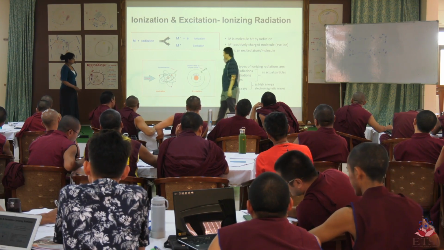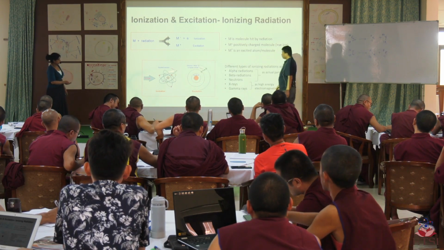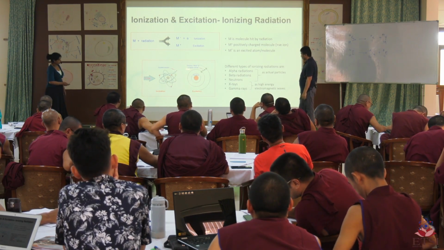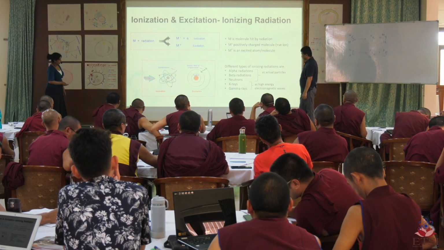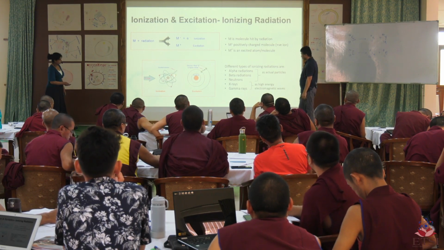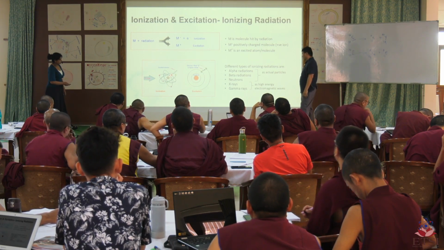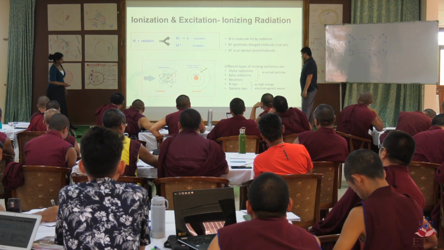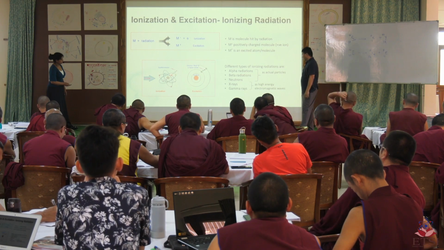So this is another easy way to understand ionization and excitation. Like, radiation interacts with the atom, the electron gets kicked out of the atom, right? And then a positive ion is created here because now there is nothing here.